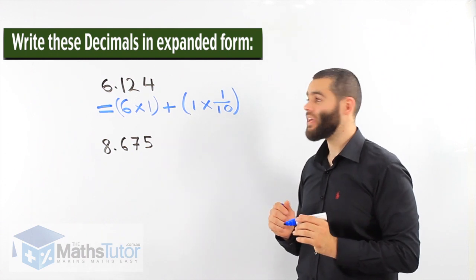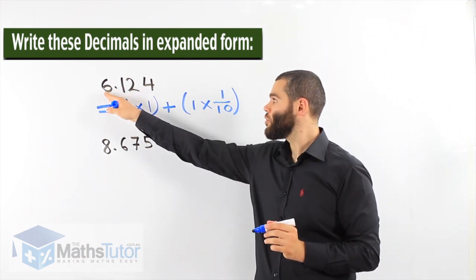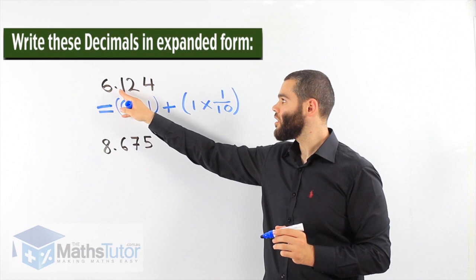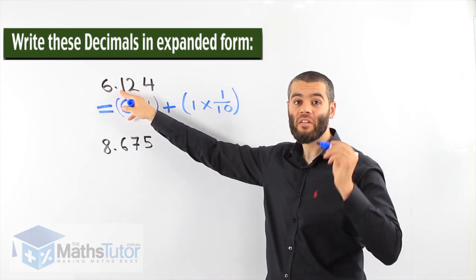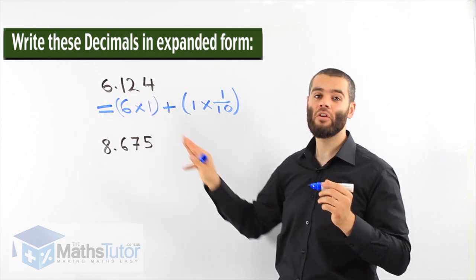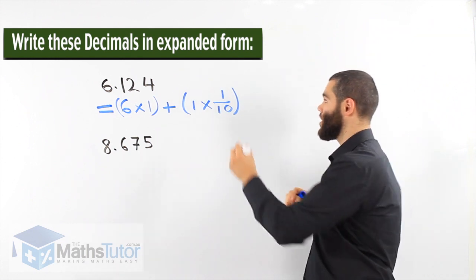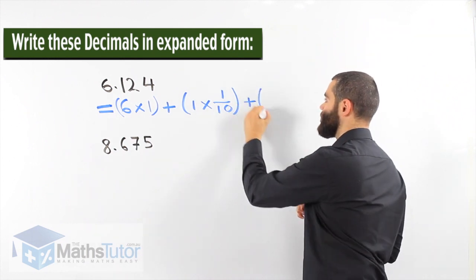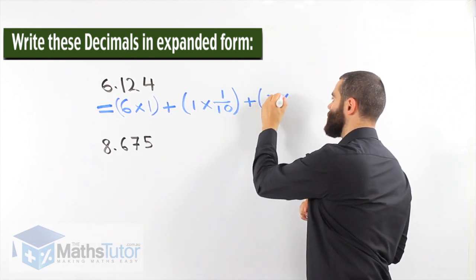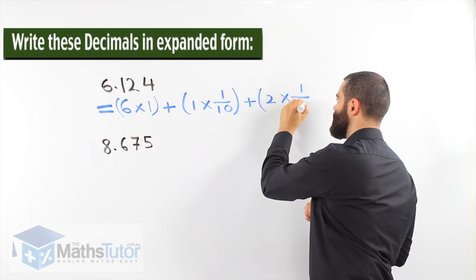Then we look to the next number. We know units or ones, point, we know 10th. After the 10th, straight away we know it goes up to 100th. So plus 2 times 100th.